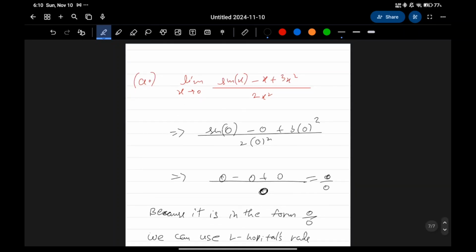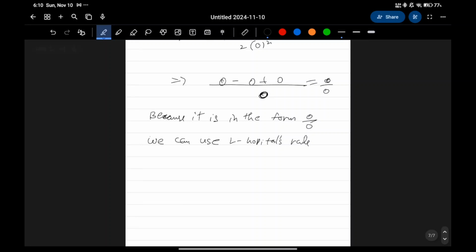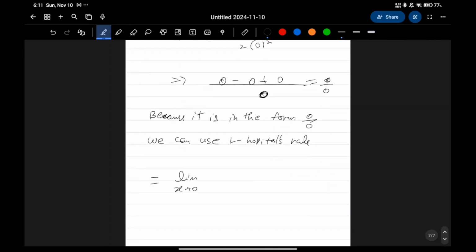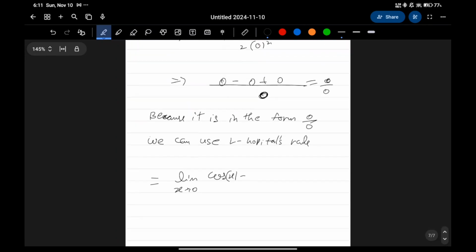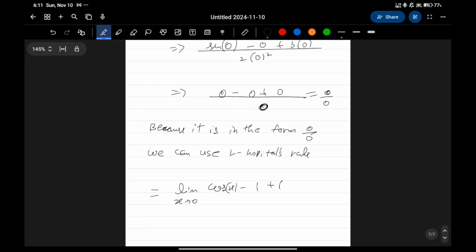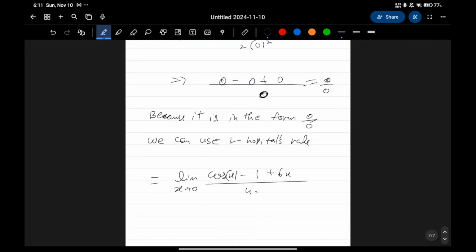I have my original expression here. Let me differentiate the top, and the limit still needs to be there. The derivative of sine x is cos x minus the derivative of x, which is 1, plus the derivative of 3x squared, which is 6x, over the derivative of 2x squared, which is 4x.